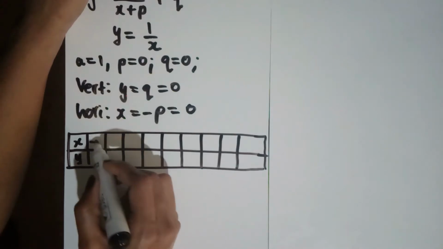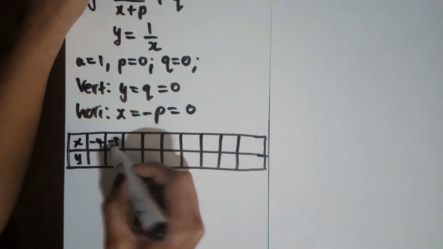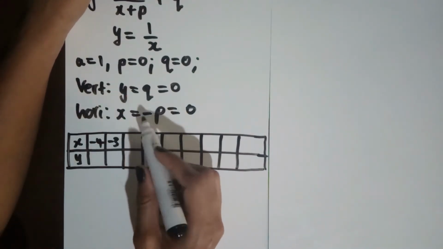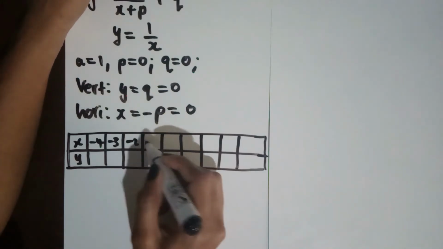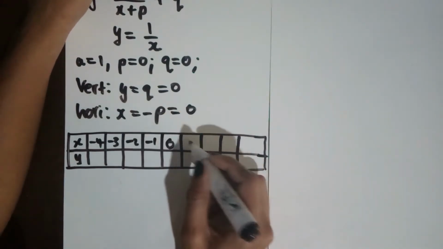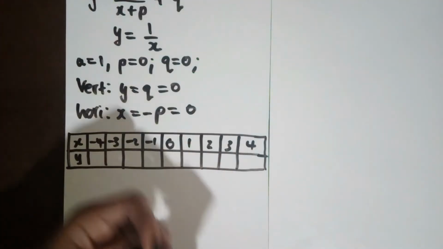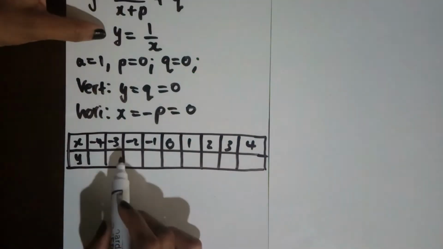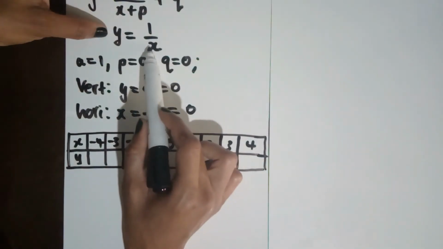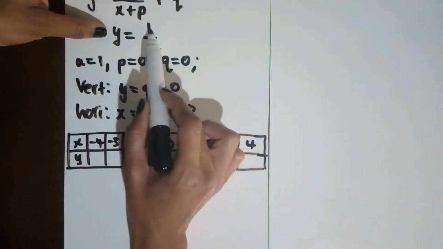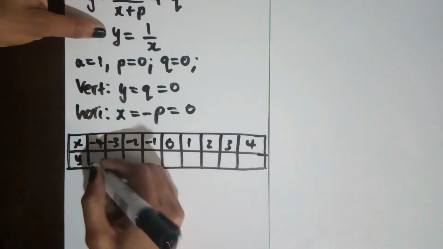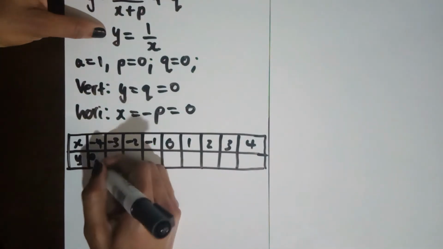So we have -4, -3, let's say -2, -1, 0, 1, 2, 3, 4, right? Cool. So just use your calculator. If x is equal to -4, how much is 1 over x? It's going to be -0.25.